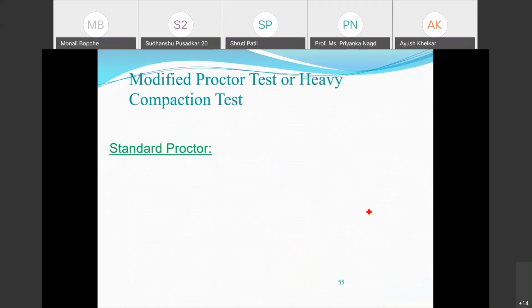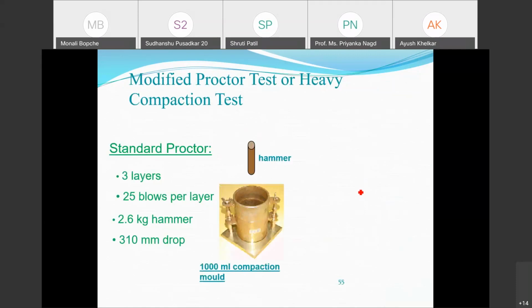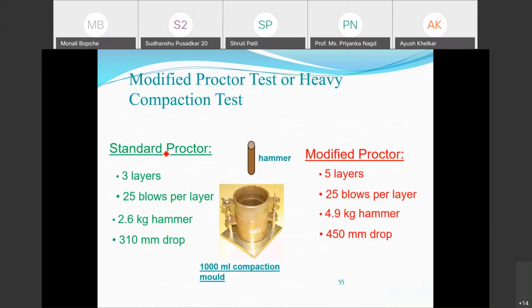And the modified Proctor test is similar to the standard Proctor test. Only, these are the characteristics of the standard Proctor test. The modified Proctor test will have 5 layers, 25 blows per layer. The hammer, it was here 2.6 kg, here it is 4.9 kg. Drop is 310 mm, and here it is 450 mm.